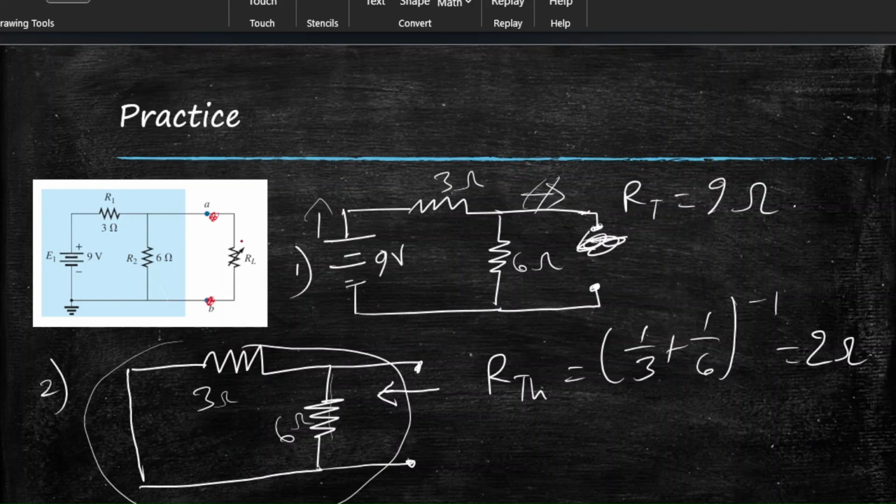So we have to find the voltage across this RL. Now notice that the 6 ohm and RL are in parallel, right? So the voltage across 6 ohm and the voltage across RL will be the same. So we can just find the voltage across 6 ohm using the voltage divider rule, and that will be our ETH, or Thevenin's voltage.